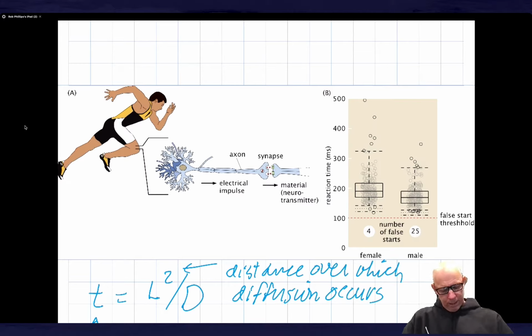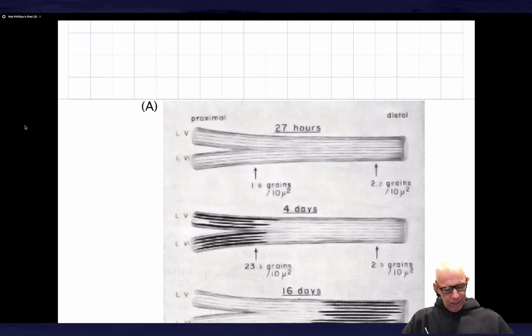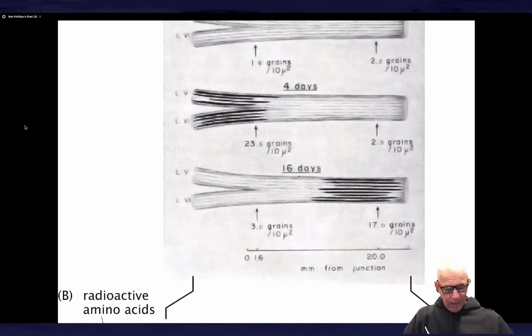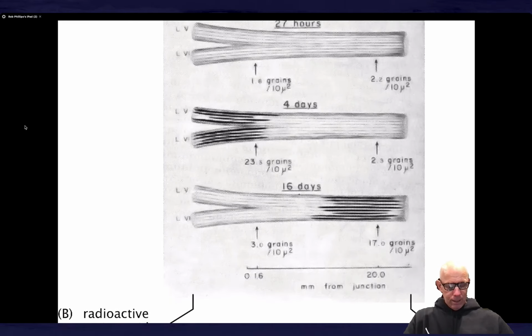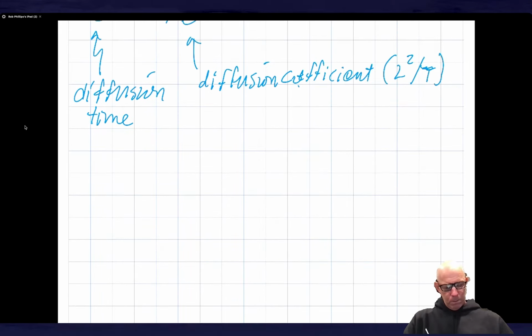One of them was how long does diffusion take across the synaptic cleft, or this gap between two neurons? And then I also posed the challenge of trying to ascertain whether 16 days to diffuse a distance of 30 millimeters is long or short. Okay, so those are the two questions that we posed.